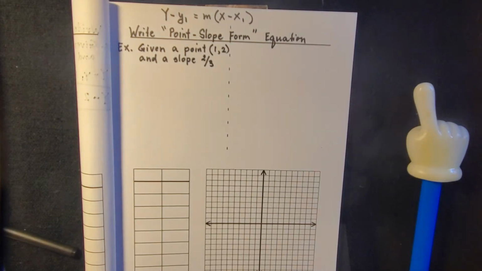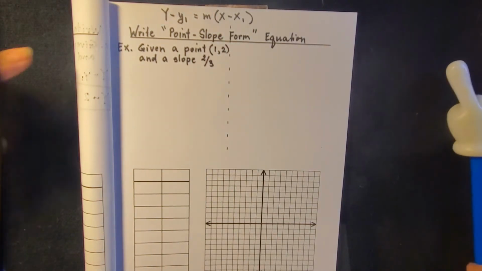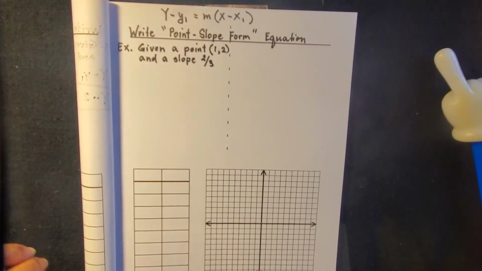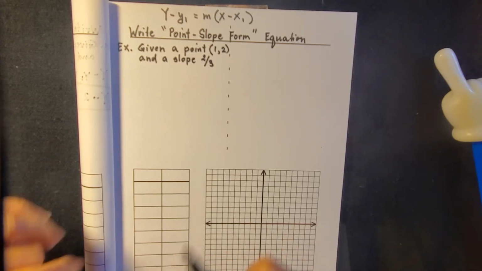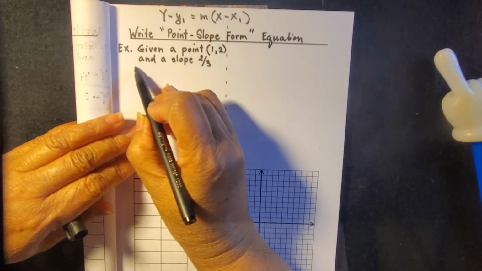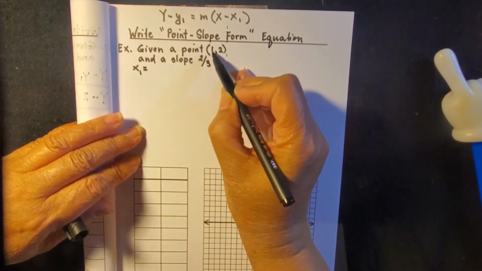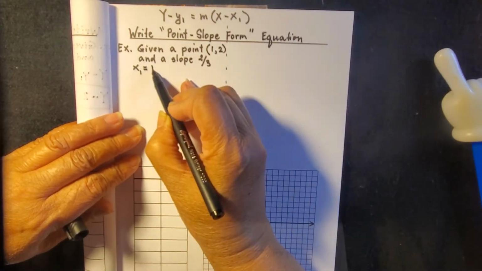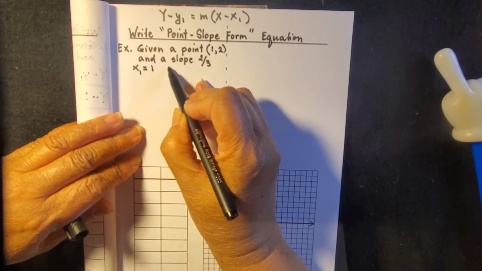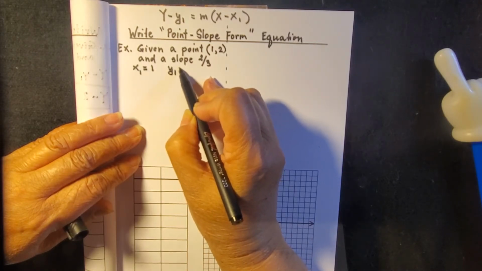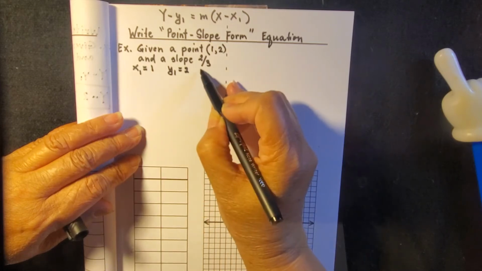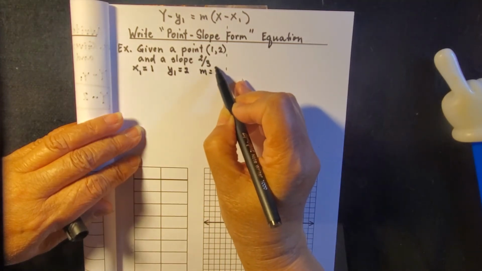Okay? So, let us begin solving, or writing, the equation. First, I will identify x sub 1. So, x sub 1 should be 1. Y sub 1 should be 2. And slope m is 2/3.